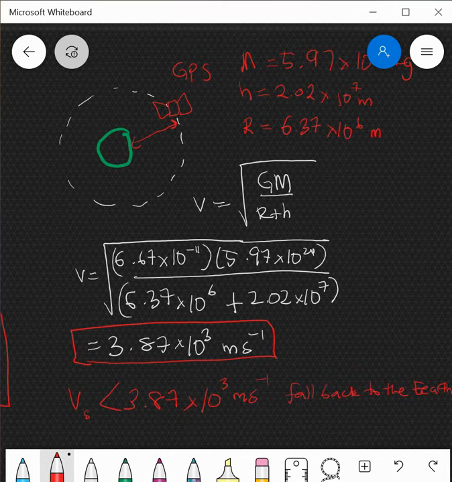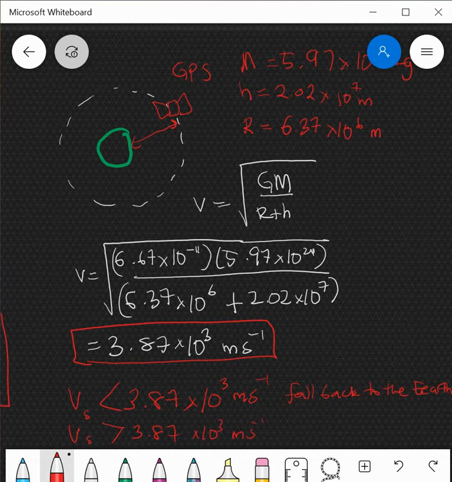But what happens if the speed of the satellite is higher than 3.87 times 10 to the power of 3? The satellite will rub against the air resistance. If it is too fast, it will rub against the air resistance.